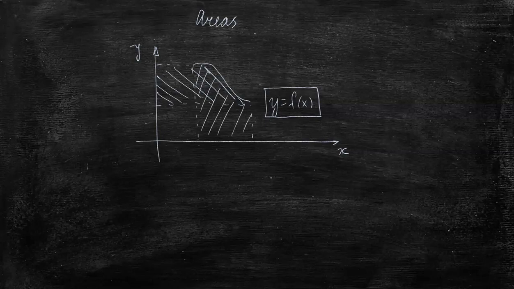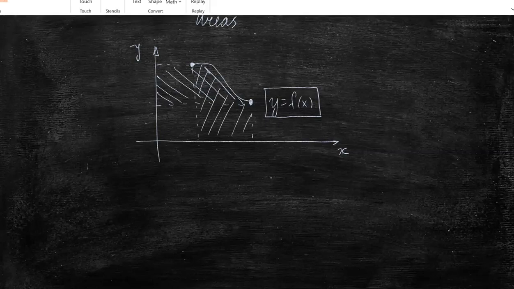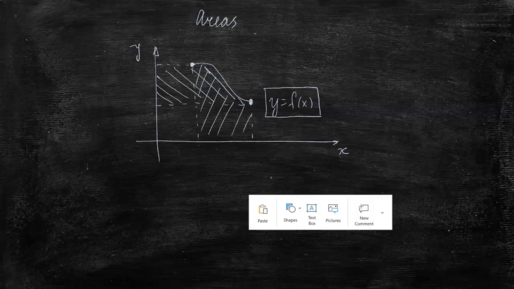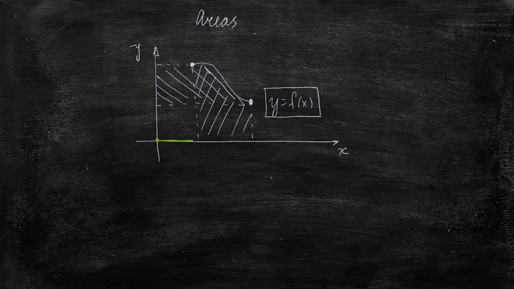So in polar coordinates, we are not interested in these areas. We're actually interested in a slightly different area. If we superimpose the polar axis on top of the x-axis here, and pretend like we have a polar coordinate system, the type of area that we're interested in polar coordinates is like this.